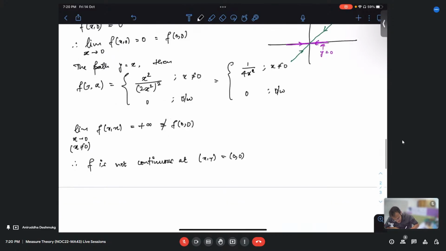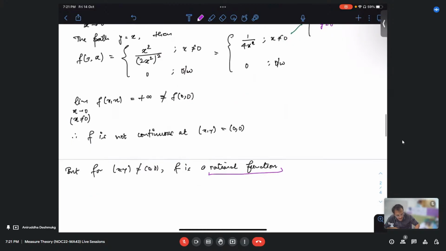But for any xy which is non-zero, f is a rational function. And what do we mean by a rational function? It means that it is the division of one polynomial by another. It is the quotient of non-zero polynomials.